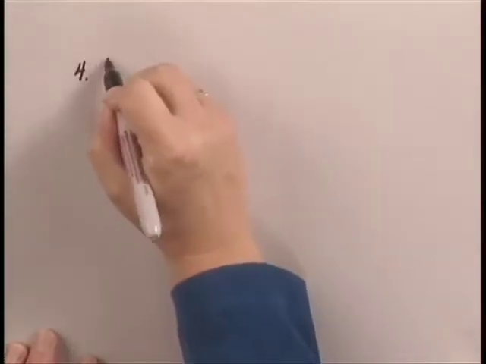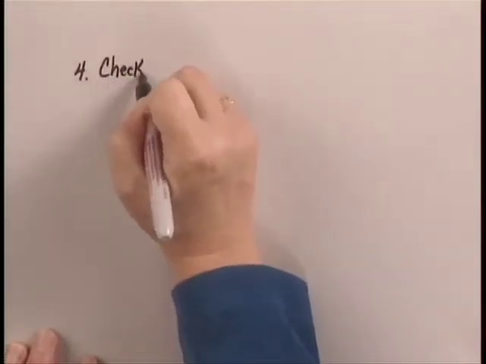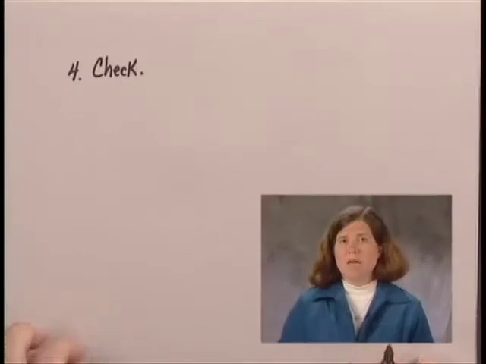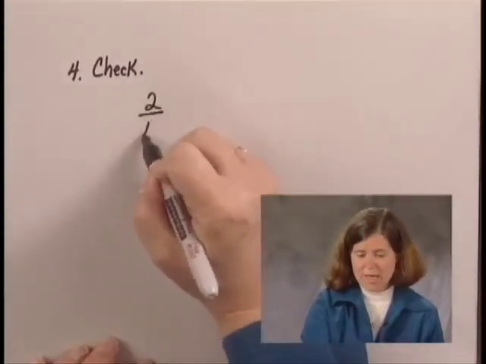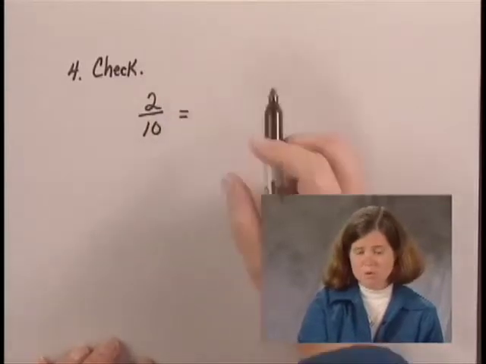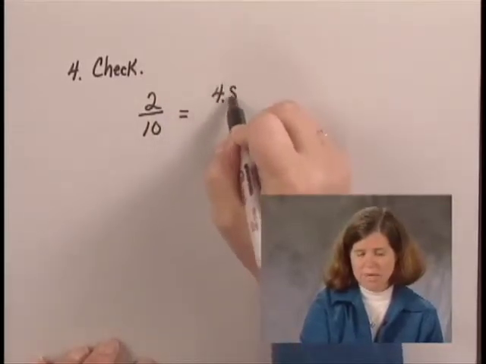To check that, which is the fourth step in our process, we substitute 4.8 for m in the proportion. We had 2 over 10 equals m over 24, or 4.8 over 24.